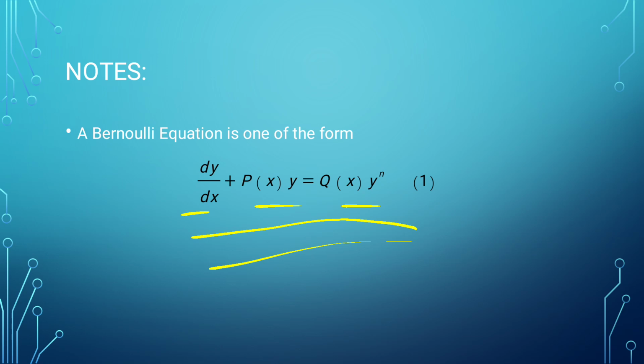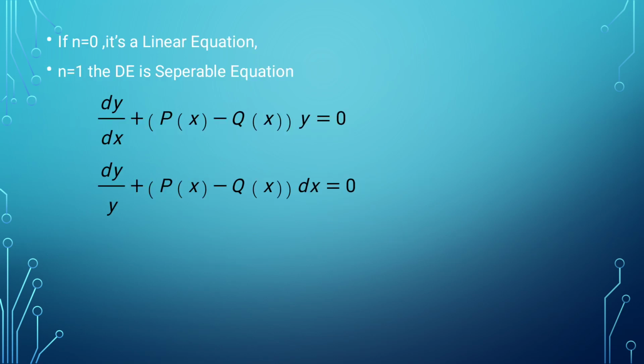If n is equal to 0, the equation automatically becomes a linear equation. And if n is equal to 1, you find it becomes a separable equation, like in this case.